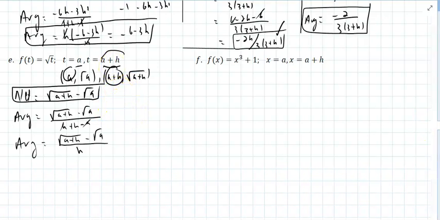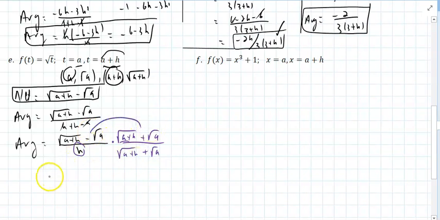So the only way to really get rid of that h is to multiply by the conjugate. If you recall, conjugate is the same exact two terms, except you switch the sign from a positive to a negative. The top is guaranteed to be the first squared minus the second squared.